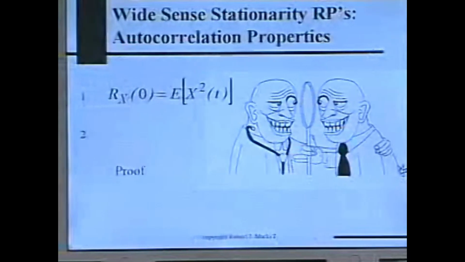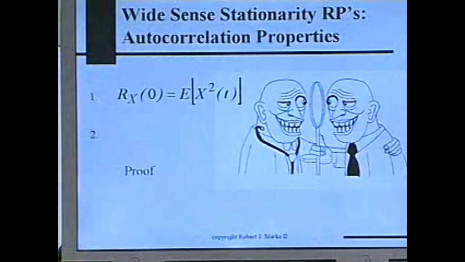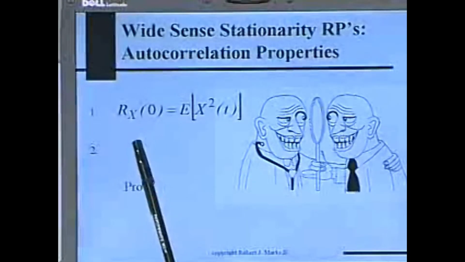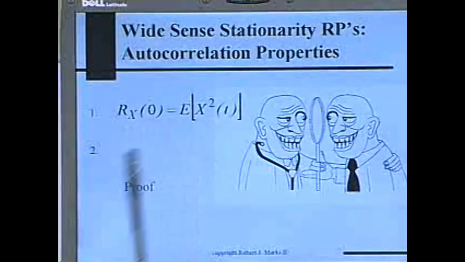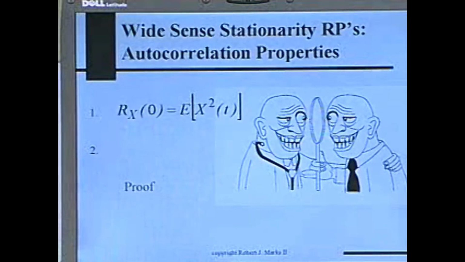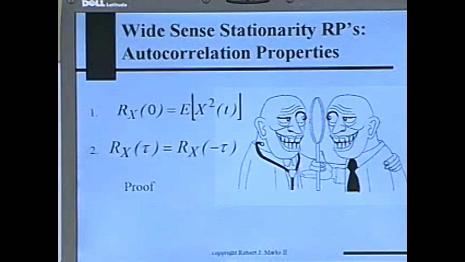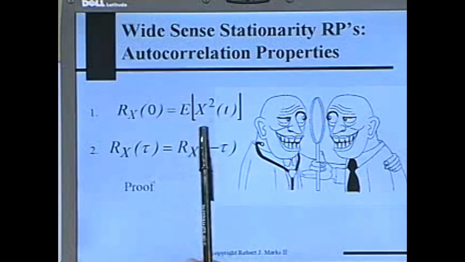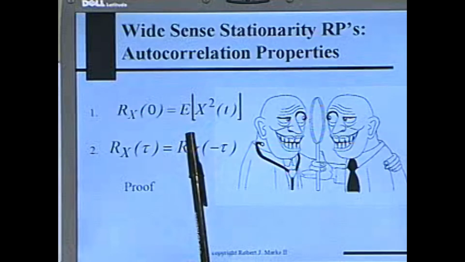Let's look at some of the autocorrelation properties for wide-sense stationary stochastic processes. We've already seen that the Rx of 0 is equal to the expected value of the second moment. That's one property. The other one is that the autocorrelation is even. It's an even function. Not every function in the world can be an autocorrelation function. We first of all notice the autocorrelation function must be positive at the origin, right? Because the second moment's always positive.